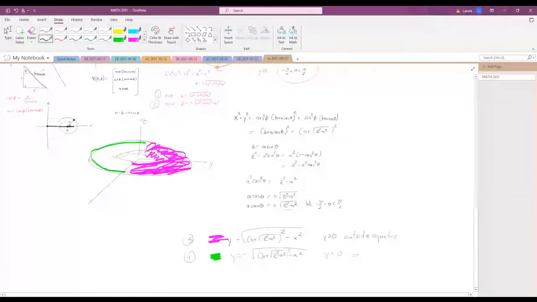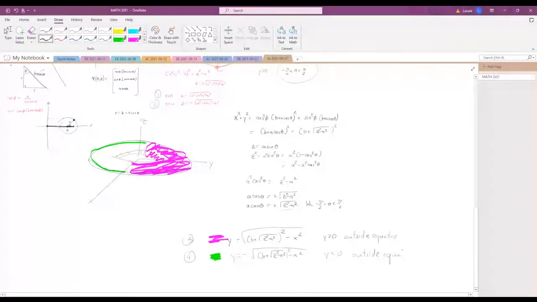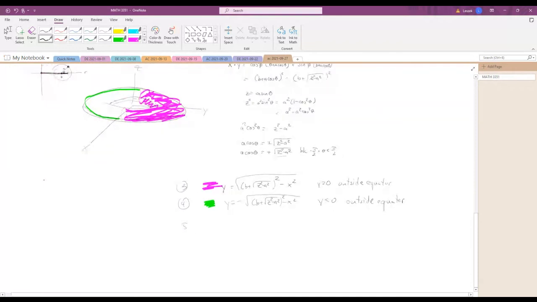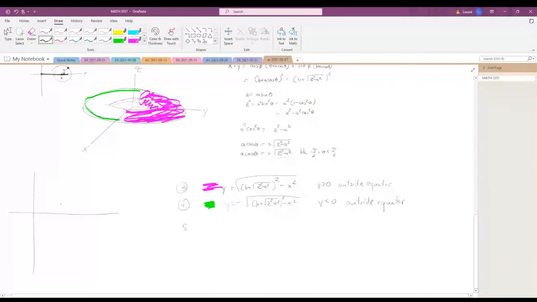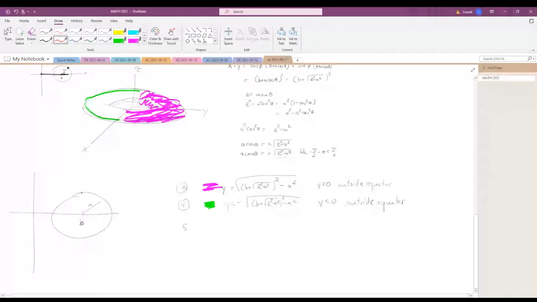Yeah, and that's the outside equator. But if you want the inside equator, what would change? Well, theta would go from, let's see, we can say that for the inside equator, theta goes from pi over 2 to 3 pi over 2.